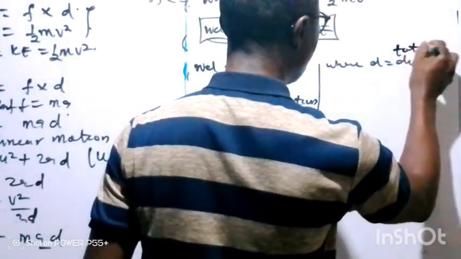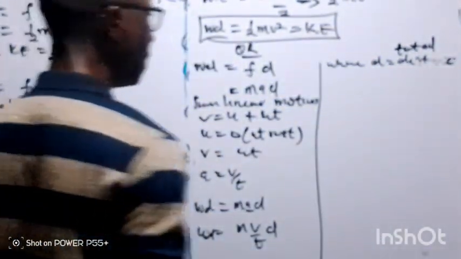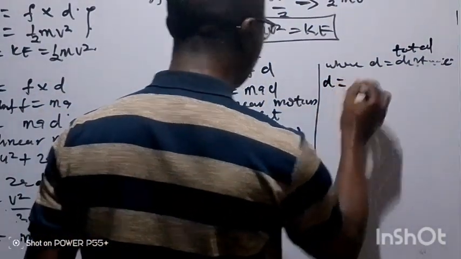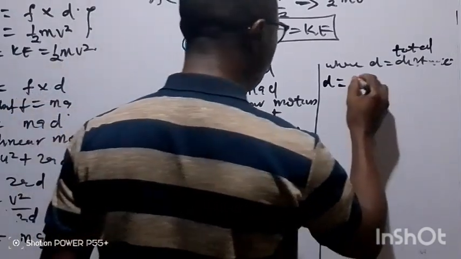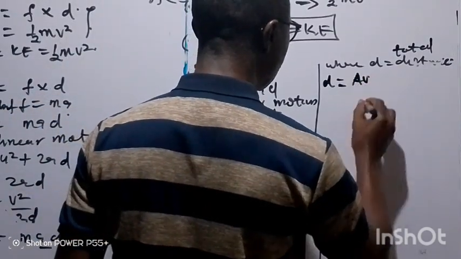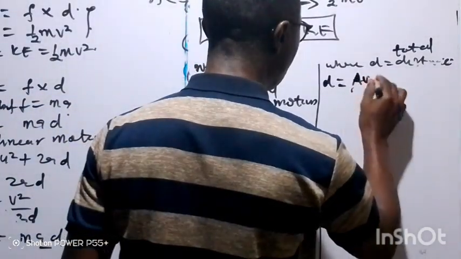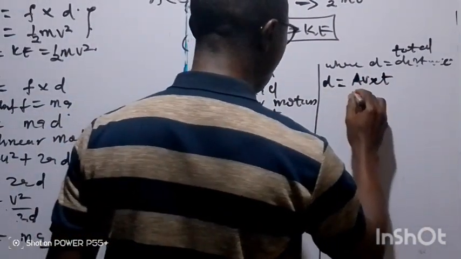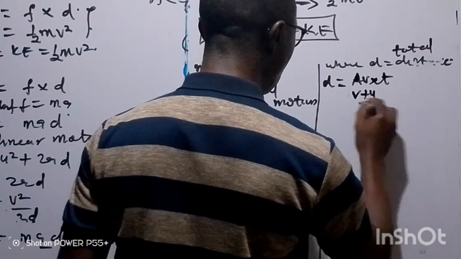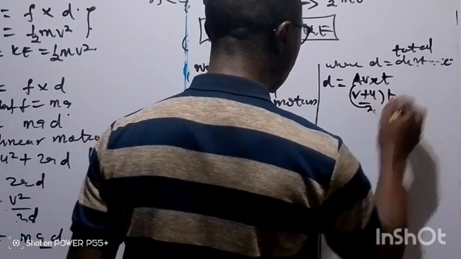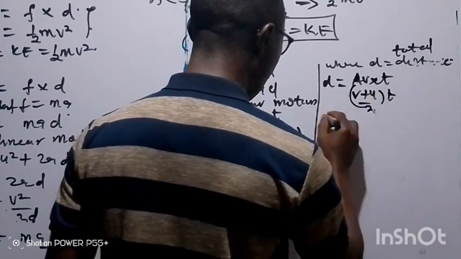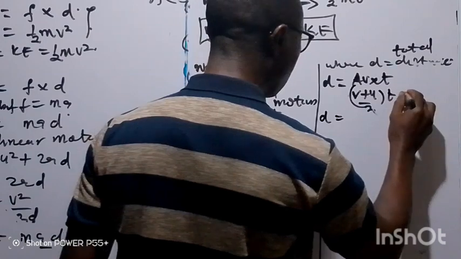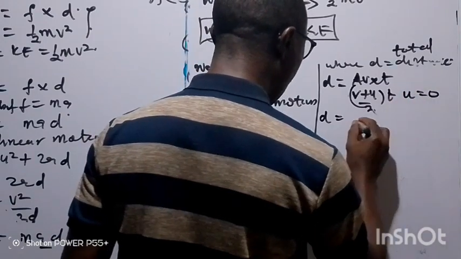You know that the total distance D is equal to average speed multiplied by time taken, where the average speed will be equal to V plus U over 2, into T. Mind you, our U remains 0. U is equal to 0.